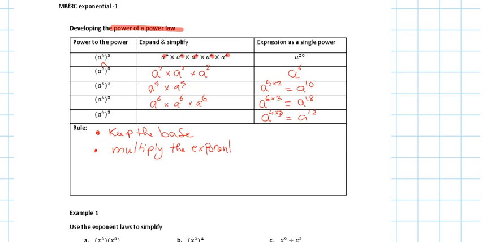So in this case, I only have one base, yeah? So A to the power of m to the power of n is equal to A to the power of m times n.